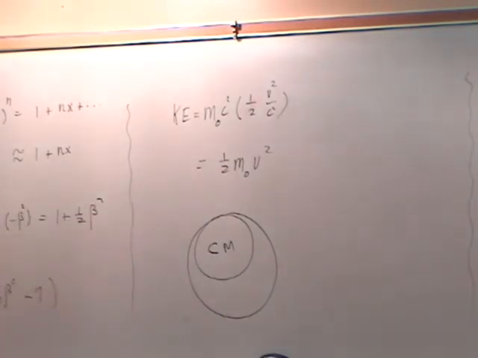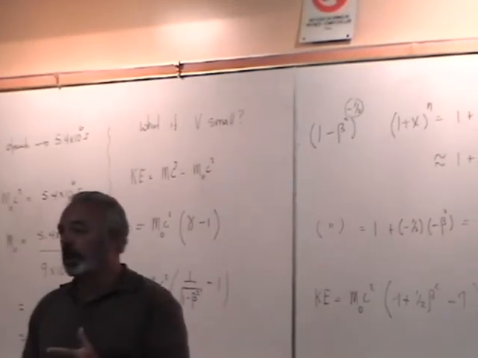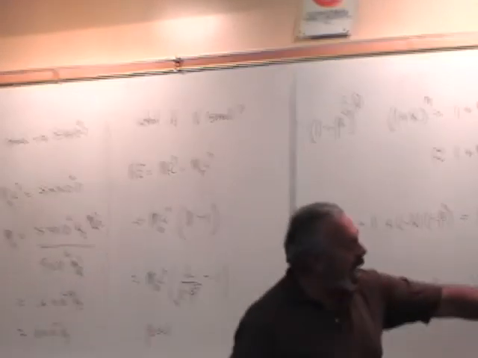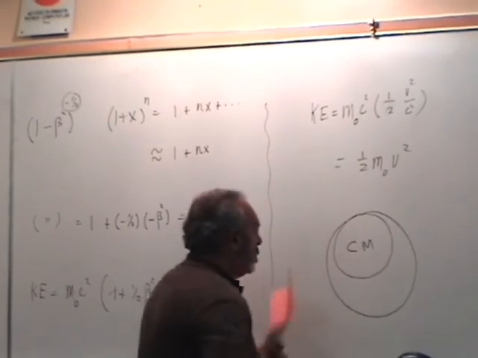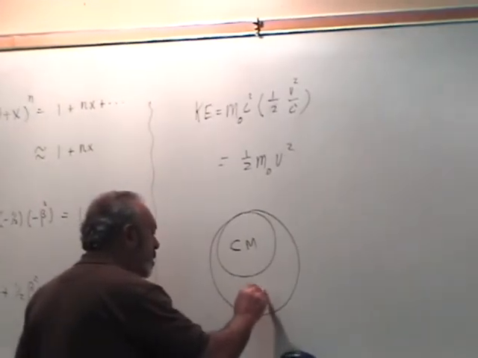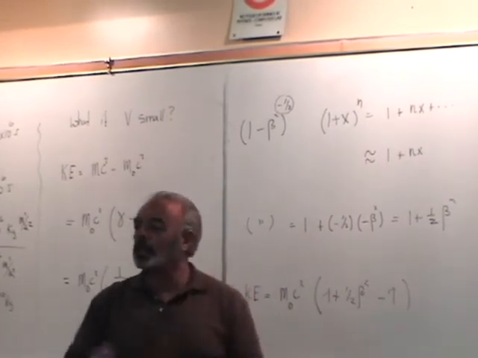Classical can only handle low velocity. Relativity should be able to handle both. If relativity is correct, then it must be able to handle high velocities and low velocities. So, relativistic mechanics, RM, must completely encompass classical mechanics. That's a requirement.